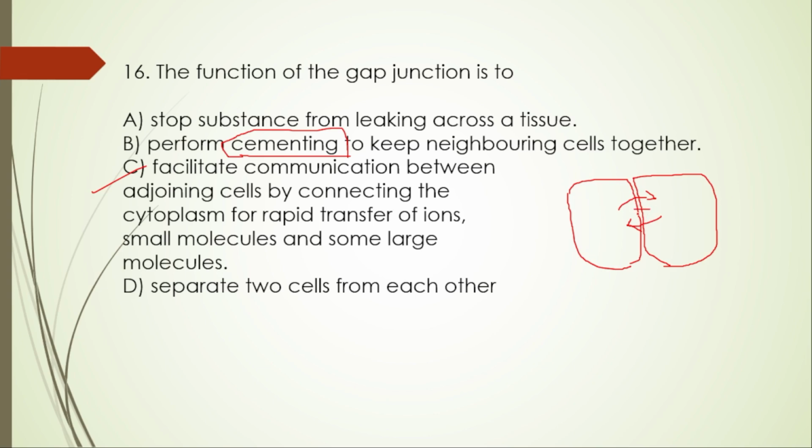There will be small openings, a junction or a gap, which is said to be the gap junction, and it is helpful for facilitating communication. Whatever materials from cell 1 to cell 2 can be carried by that and vice versa. That's the main function of the gap junction, and it's also called the tunnel one.